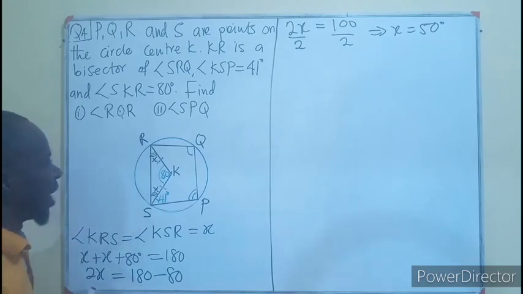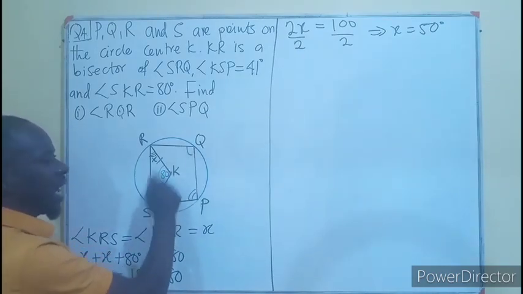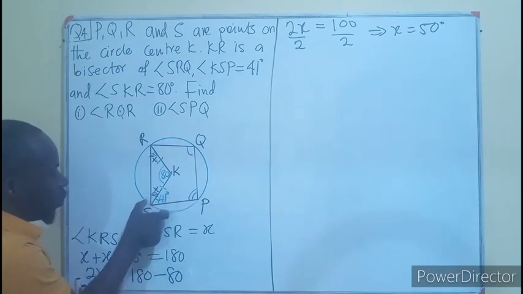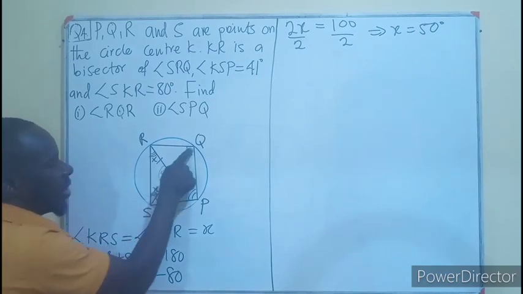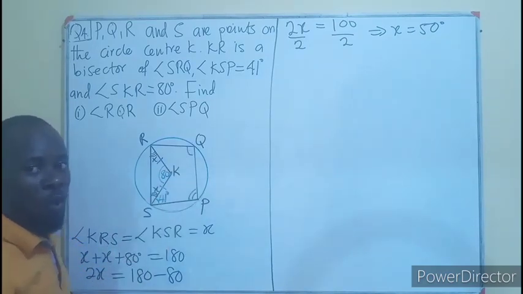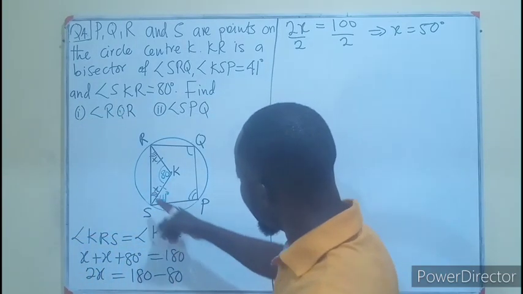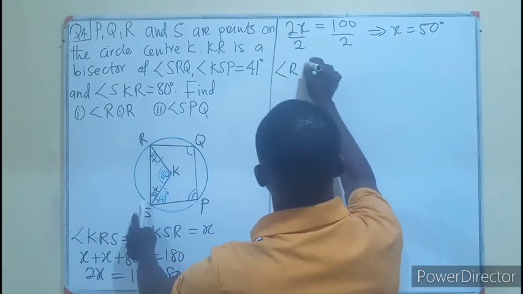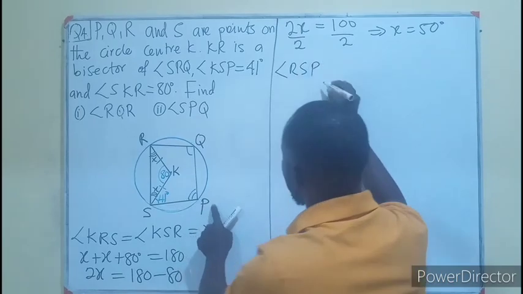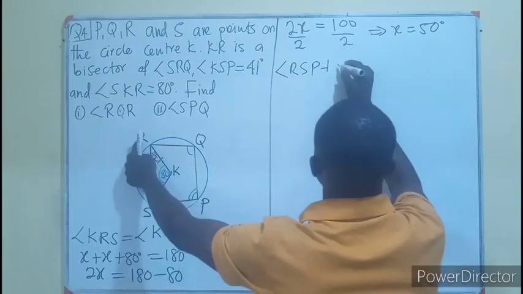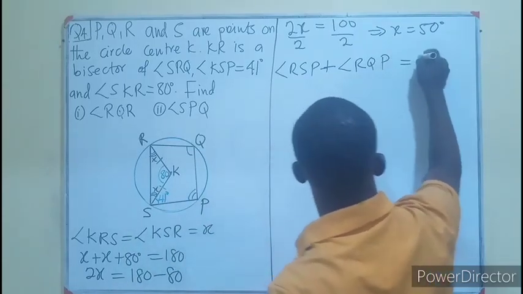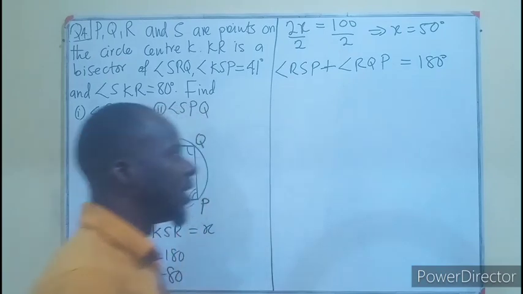As I said earlier, the opposite angles of a cyclic quadrilateral add up to 180. So angle RSP plus angle RQP should be equal to 180 degrees.